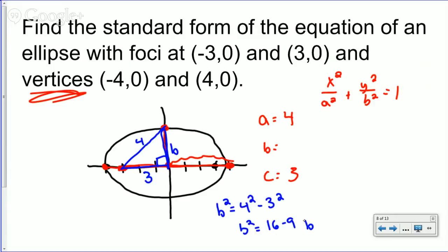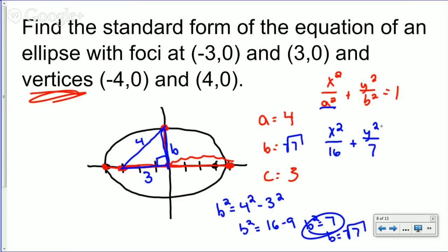So b squared is 7, and b is the square root of 7. So I can just plug it in. Do I have a squared? Sure. x squared over a squared, which is 16, plus y squared over b squared, which is 7, got that from right there, equals 1.